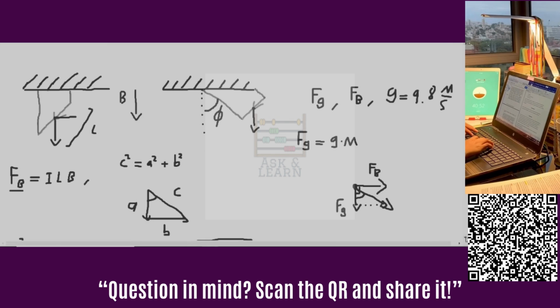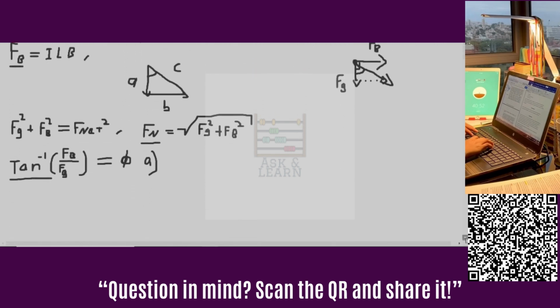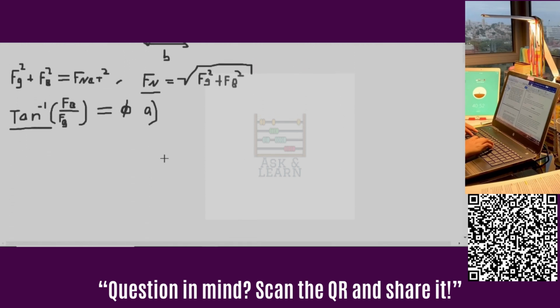So to get the tension in each string individually, you simply divide your net force by 2. Each string will experience a tension of your net force divided by 2. And there you go.